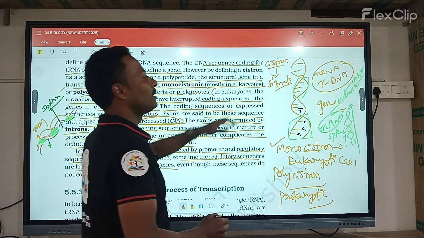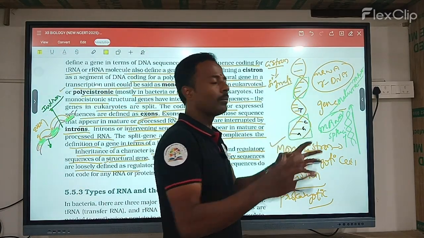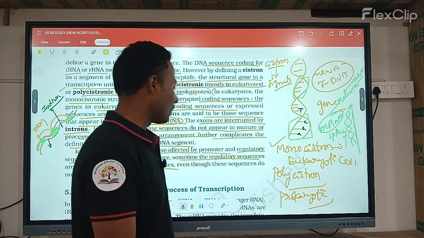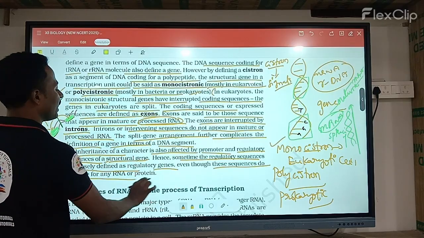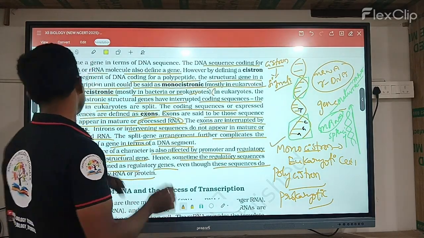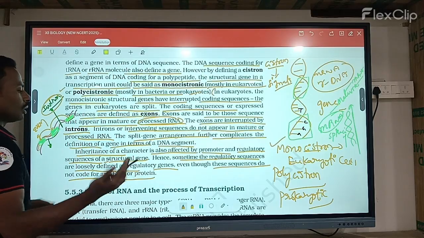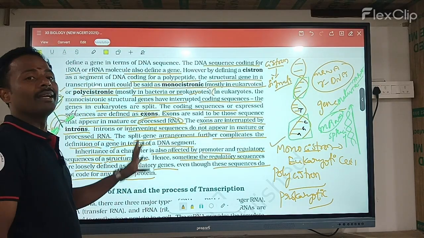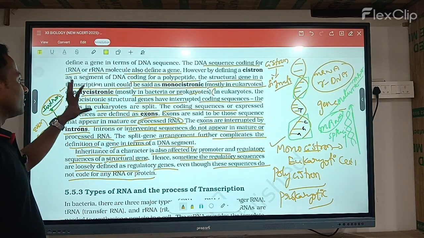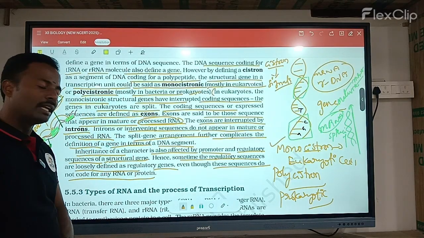Even though these sequences do not code for any RNA or protein. So these regions do not code for any RNAs or proteins. This is the process of the transcriptional unit.